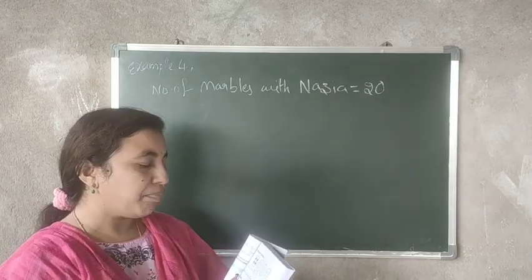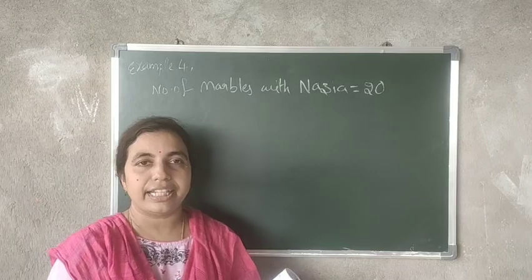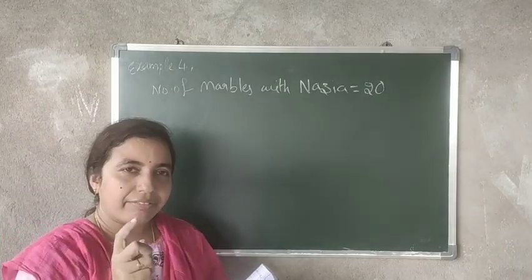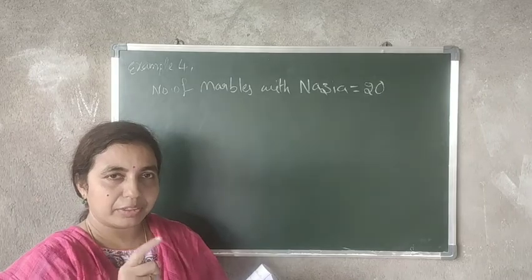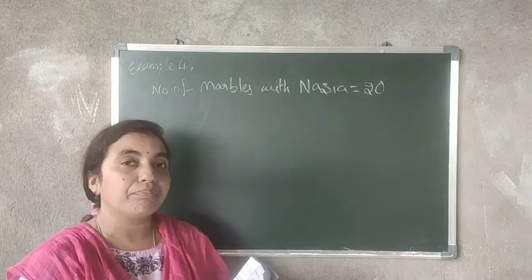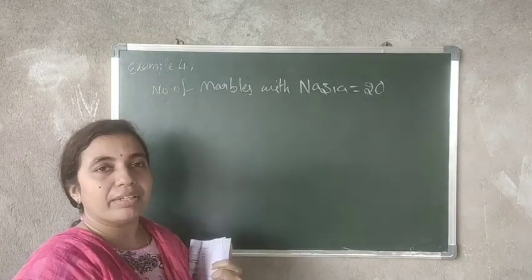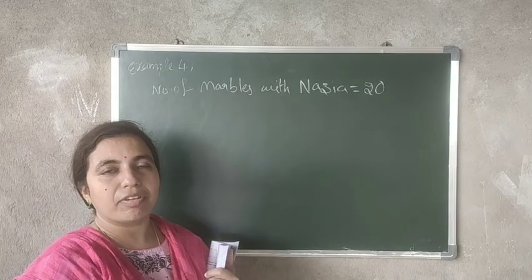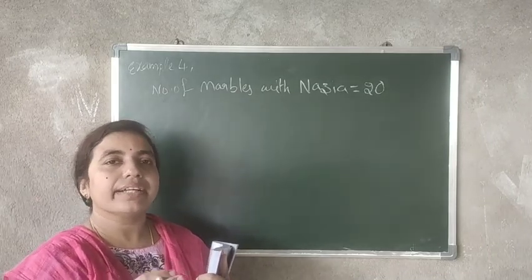Reshma has 1 by 5 of the number of marbles that Nazia has. See the statement clear. Listen carefully and see in your textbook at home. You have your textbooks now. So see, Reshma has 1 by 5 of the number of marbles with Nazia. That means whatever number of marbles Nazia has, from that 1 by 5 is with Reshma.